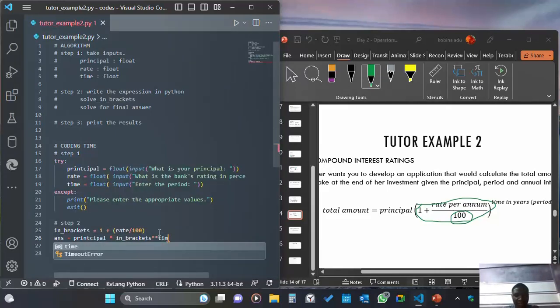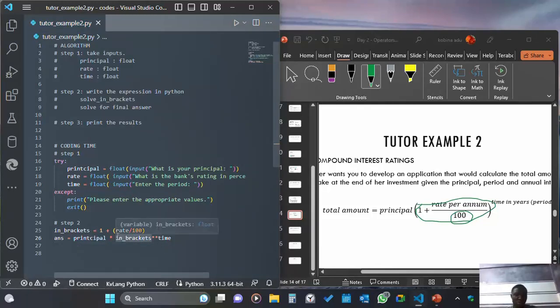The time, the period. Okay, so this is it. If you are not too sure, you can put a bracket around them. So you are saying that the in bracket should be raised to a power, and whatever value you get should be multiplied by the principal. You can put a bracket around it just to make you feel more certain about your calculations.